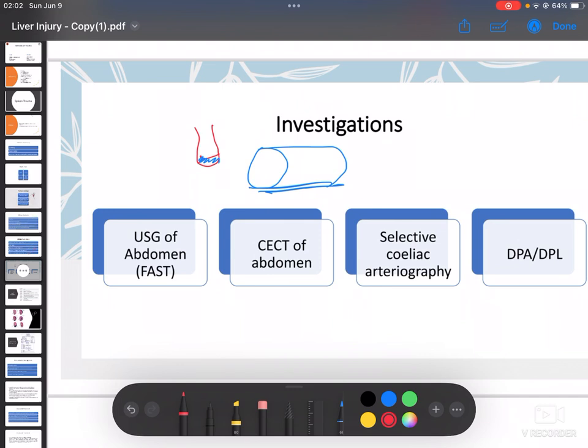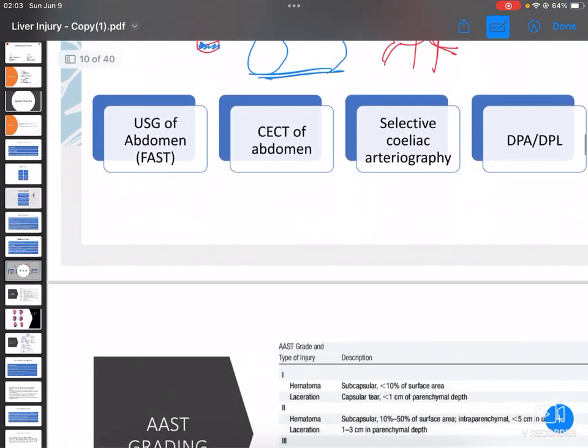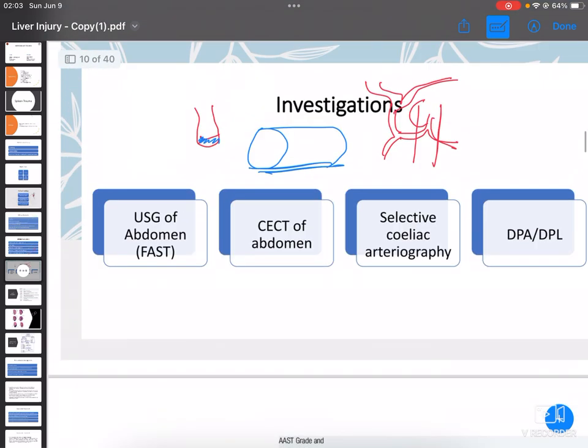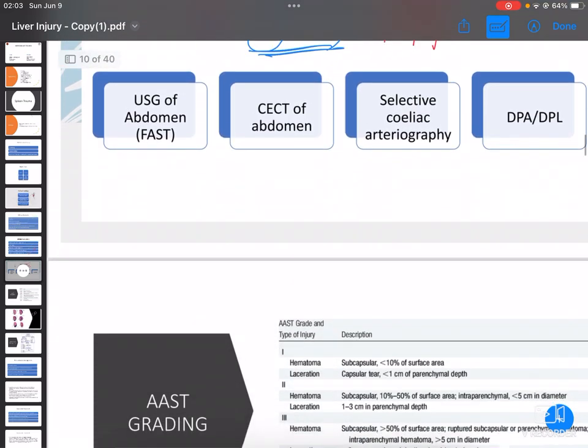Here we can see the celiac trunk. By celiac trunk arteriography, we can see the normal anatomy. Then we can also do diagnostic peritoneal lavage.